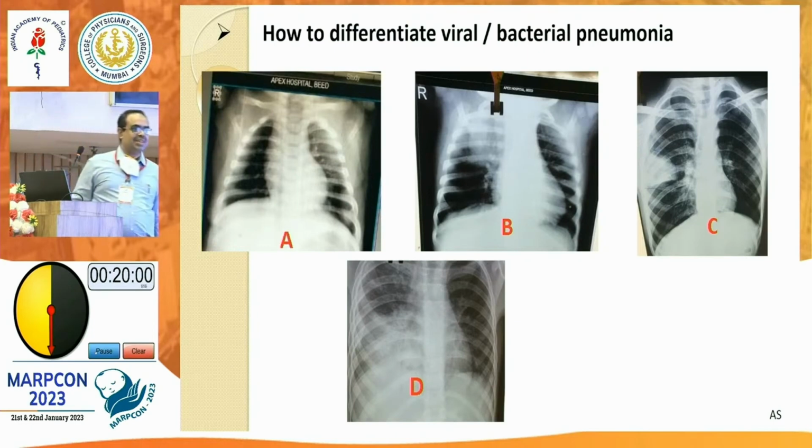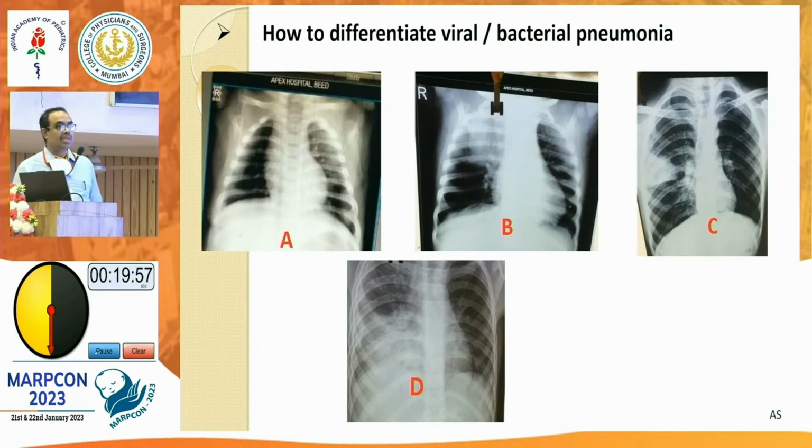So first of all, if we start clinically, viral and bacterial pneumonias, just like any viral or bacterial illnesses, viral will have maximum onset of fever, and severity of symptoms will be quite high in the beginning. Bacterial will gradually build up. Second, duration of the illness, usually 7 days. If the duration is more than 7 days, it goes more in favor of bacterial, though coronavirus has put a question mark on that, but still traditionally more than 7 days goes in favor of bacterial.